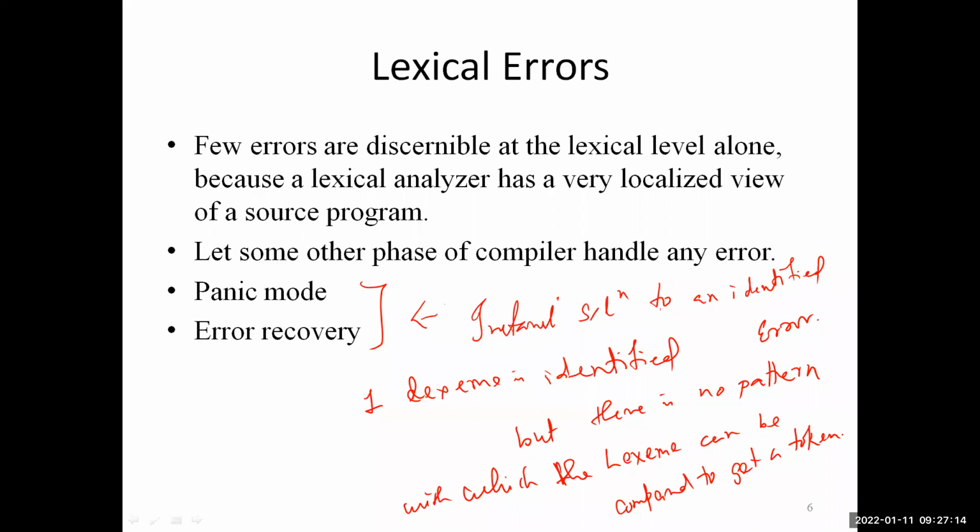So for example, in a variable declaration in C, we specify something like int a star semicolon, declaring int a star.